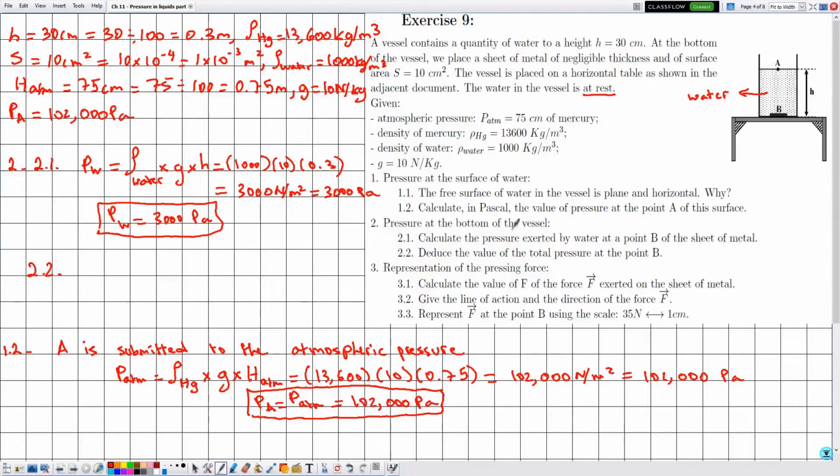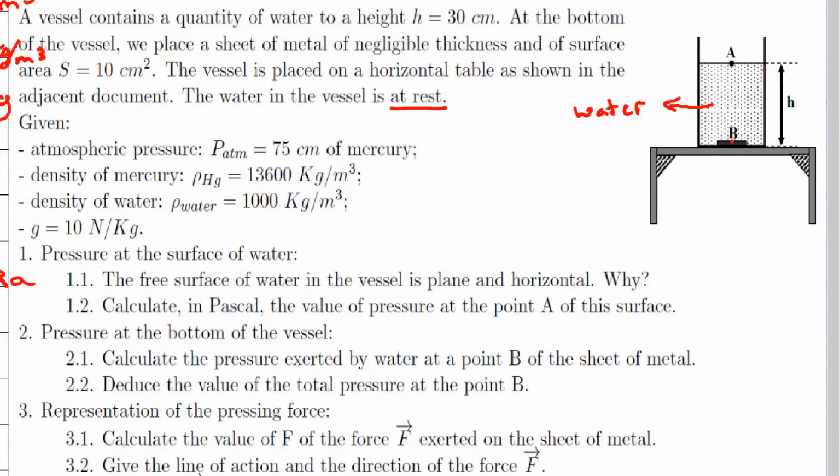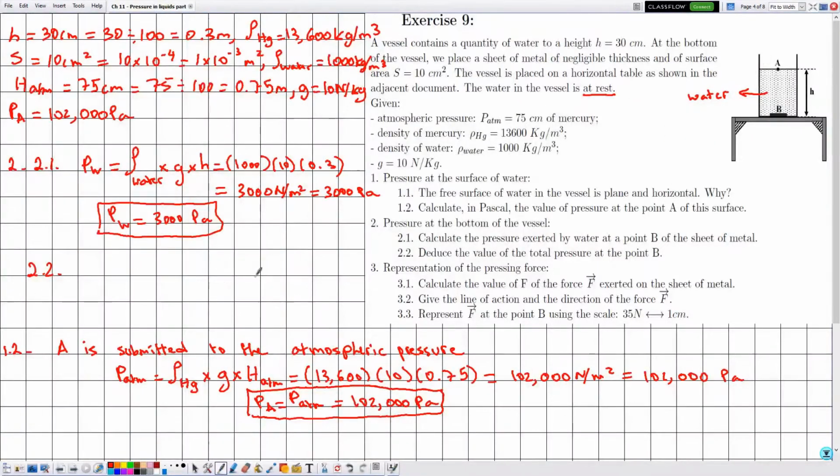In the previous part, we determined the pressure exerted by water at the point B, and knowing that B is submitted to two pressures, the pressure due to the layer of water and the atmospheric pressure, let's say that B is submitted to the pressure of water and to the atmospheric pressure.